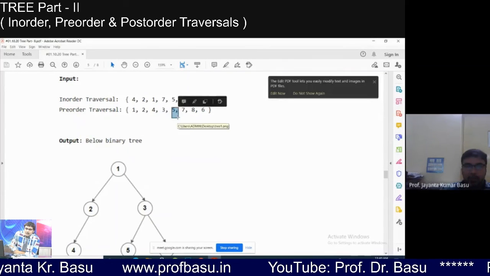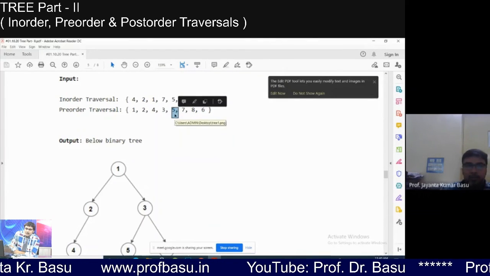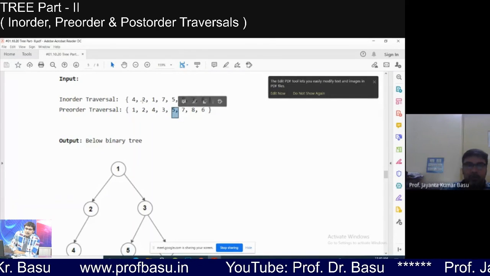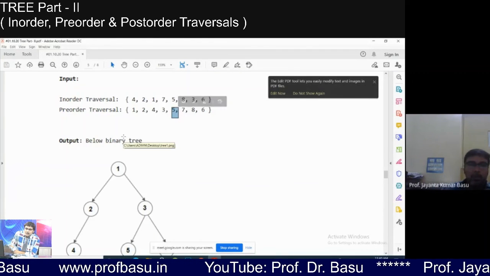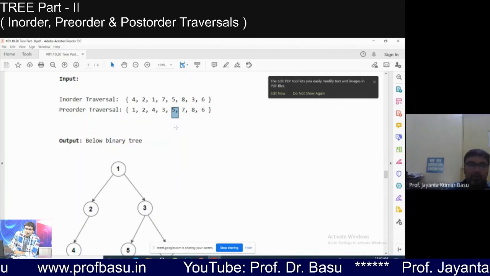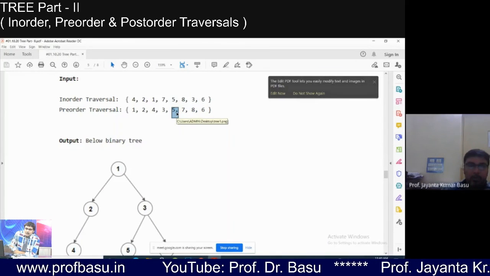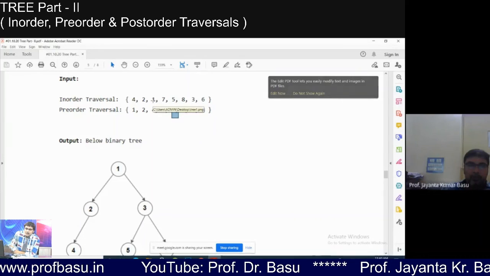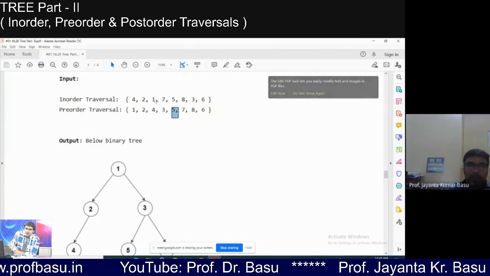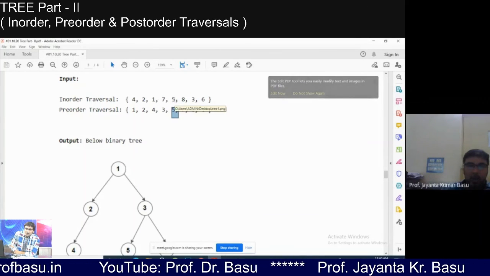Then pick 5. Check the position of the 5 in comparison to this one in your traversal. Alright? So 5 comes after what? 5 is on the right side of the 1.